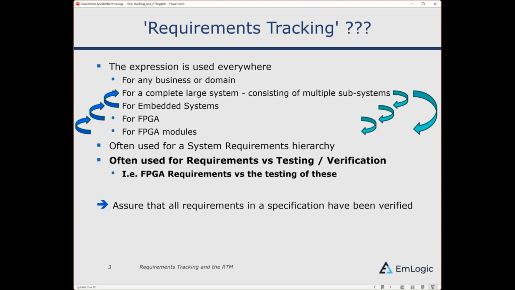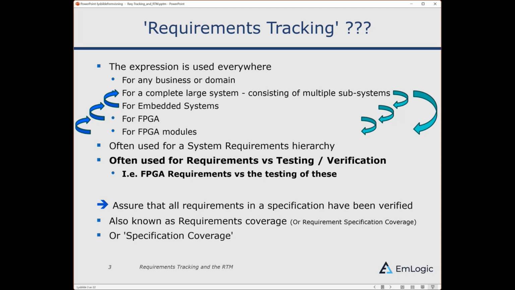So what you want to do here is to assure that all requirements in the specification have been verified. This is also sometimes known as requirements coverage or requirement specification coverage even. We just tend to call it specification coverage because then we know what we're talking about and not mixing it up with this system's requirements hierarchy, requirements tracking, for instance.